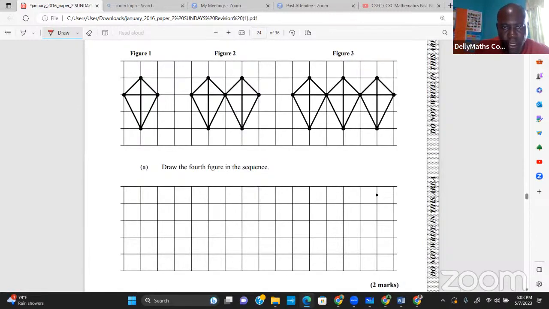So the 4th one would have 4 of these. Look at the sides. It finishes in 3 boxes, and you put your little thing on the edge like these. You do your cross up. So you do all 4.